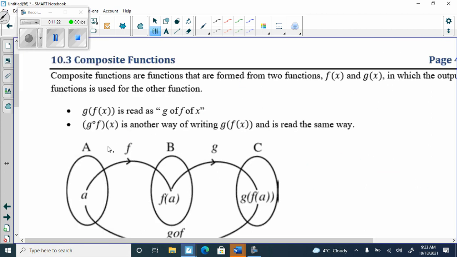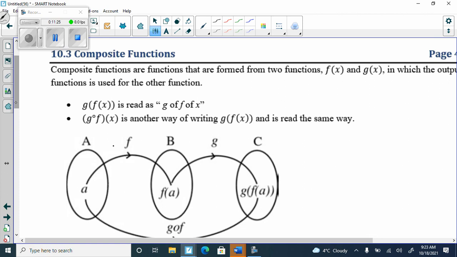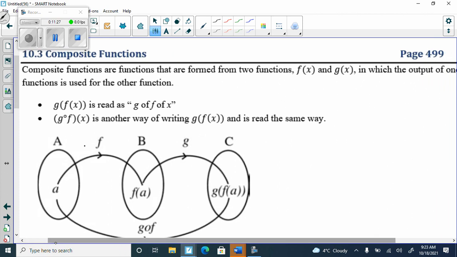This is my favorite lesson of other functions. If you're really good at function notation, you're really good.